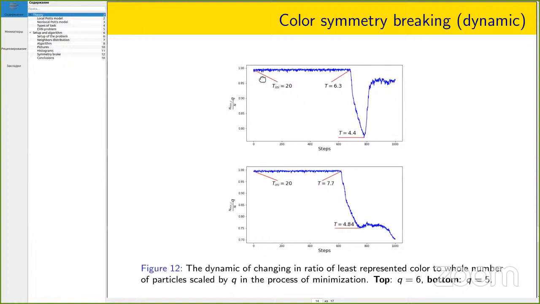We didn't investigate how such effects depend on the parameters of the simulated annealing algorithm. So probably it's a scope for future work, but our suggestion is that for colors other than 5, we can probably find optimal parameters where this ratio will restore to the initial values.